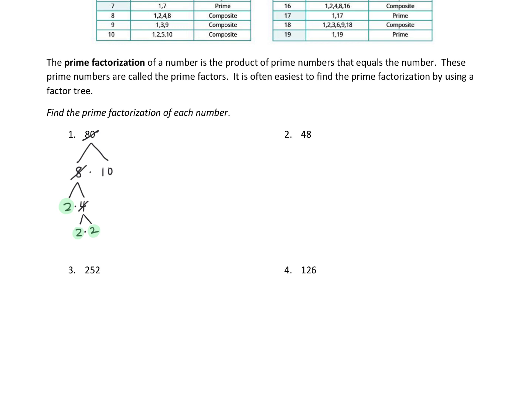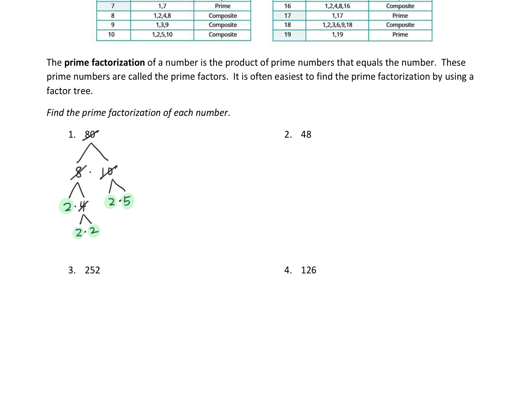Now I've still got a 10. So 10 can be broken up into 2 times 5. 10 is done. 2 is prime, because all we can do is break that down into 2 times 1. And 5 is also prime, because the only two factors of 5 are 1 and 5. So notice everything is either crossed out or highlighted.